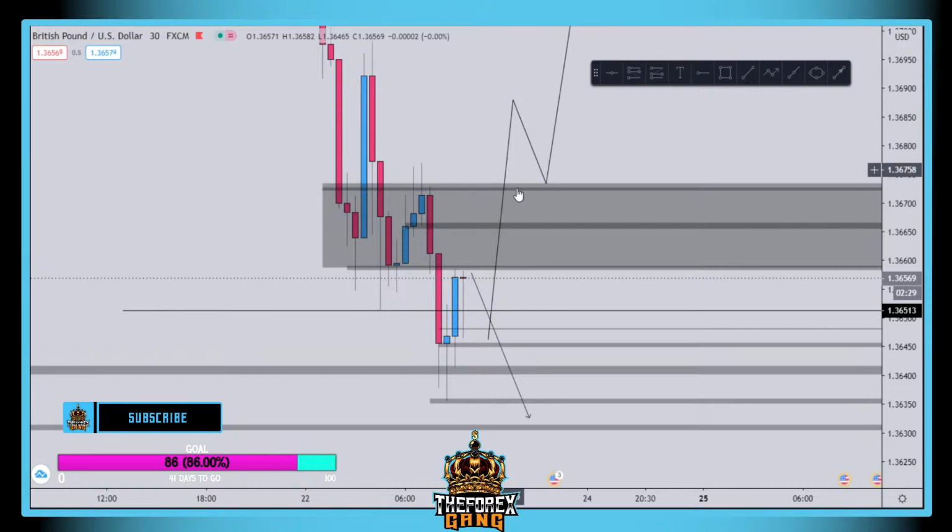Secondly, your stop loss is going to be huge if you enter in the next channel. The stop loss is going to be at break even, I guess. If it's going up, we'll get 10 pips. That's 36.68, I think.